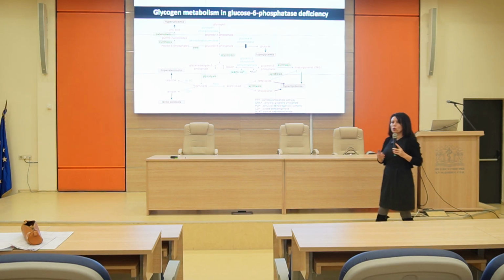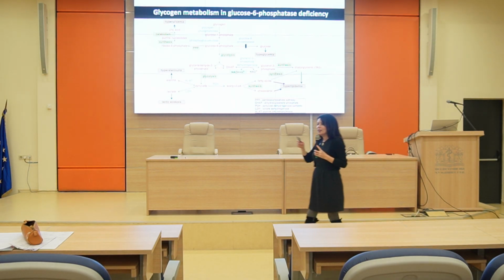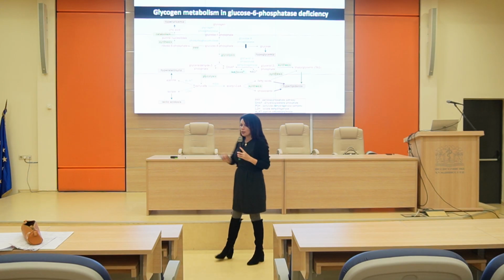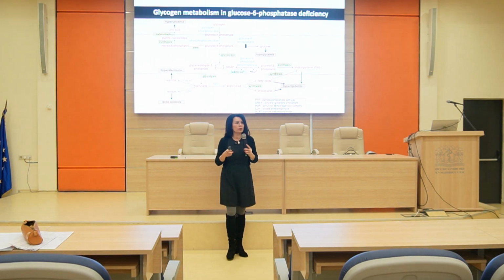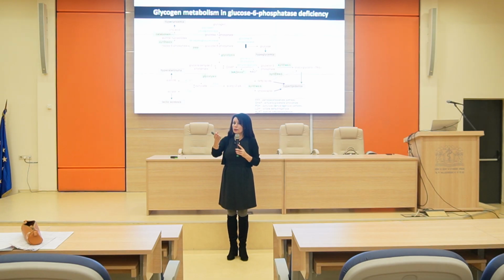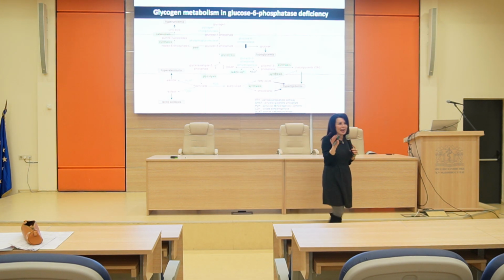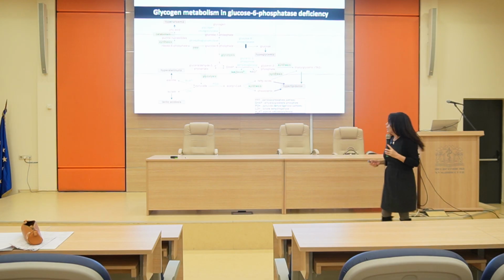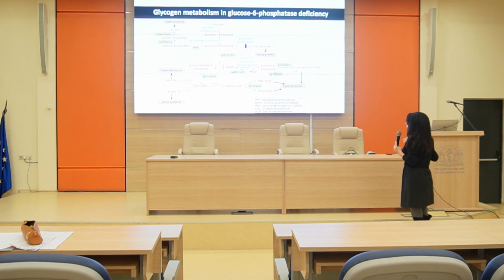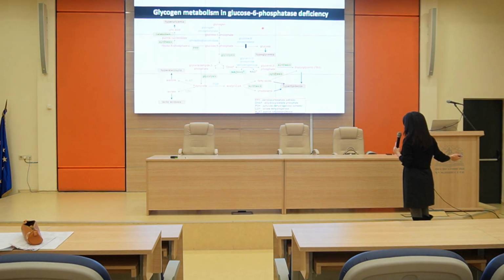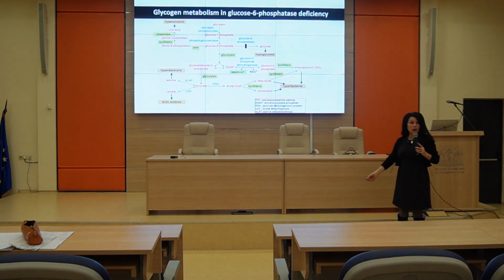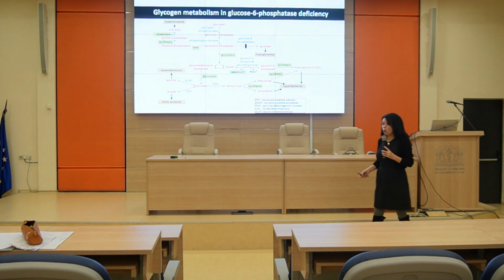Let's remind, students, what happens in any enzymopathy if there is any enzyme deficiency. What are the consequences? Number 1, less product, and number 2, high substrate. These are the classical consequences of any enzyme deficiency. First, because of the less product, hypoglycemia will be.